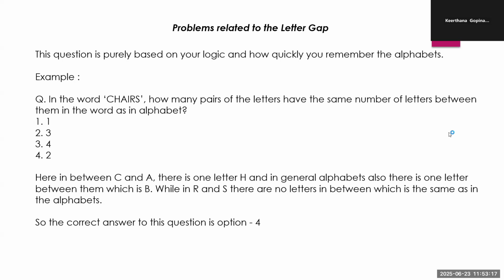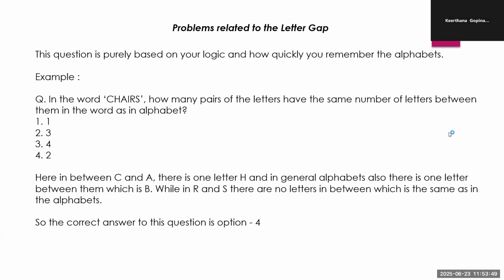Between C and A, there is 1 letter. In this word also, between C and A, how many letters are there? 1 letter. So this is the correct pair for this question. Here the gap between C and A is 1 letter. In the alphabetical series also, the gap between C and A is 1 letter. So that is a pair.